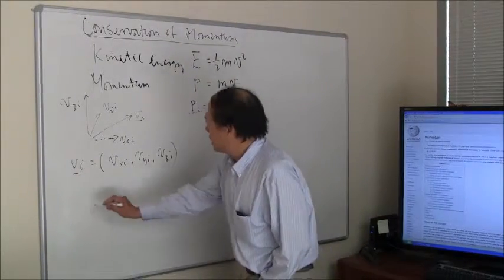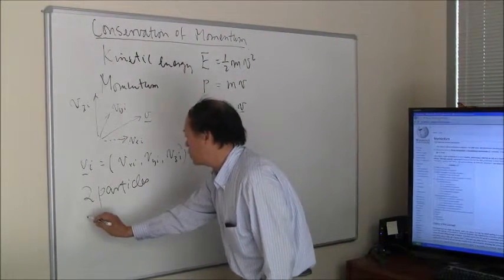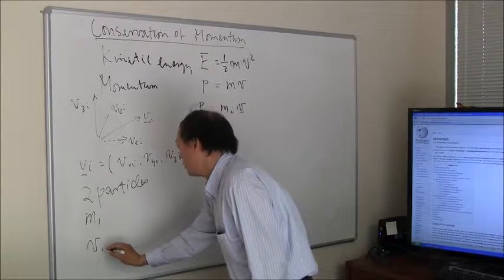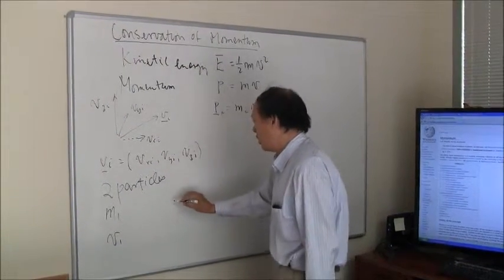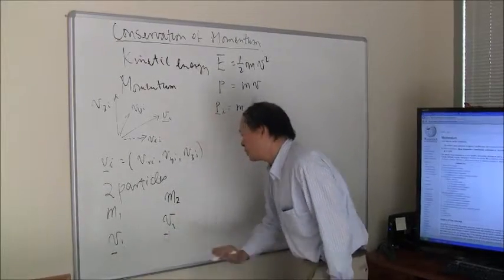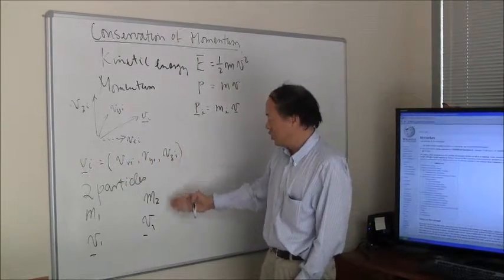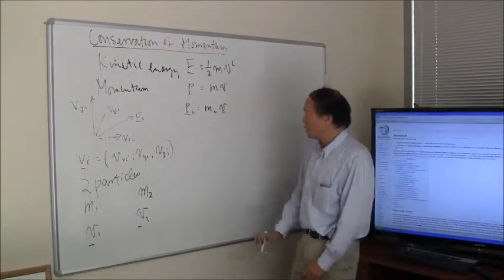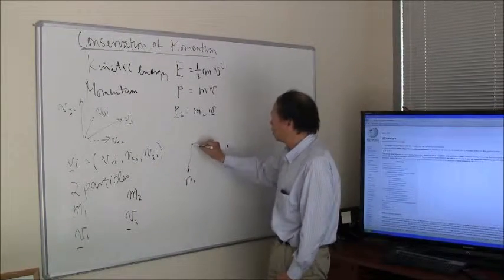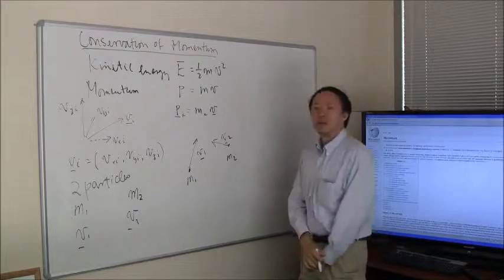So let's consider now two particles. In this case, we have two particles, one with mass m1 and a vector v1, and another with m2 and a vector v2. Here v1 is a vector of vx1, vy1, vz1, and v2 is vx2, vy2, vz2. The particle m1 moves with v1 and the particle m2 moves with v2.